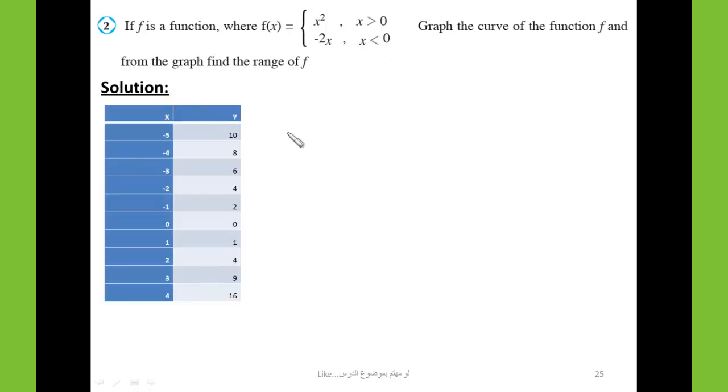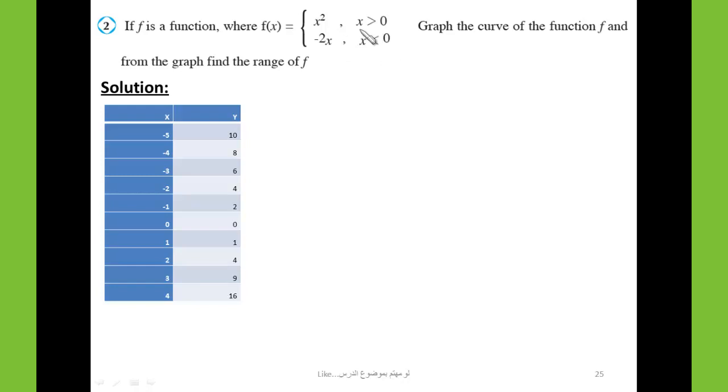For that, we draw a table. You can make it a horizontal table, substituting some points in this domain. And we take another point in this domain.